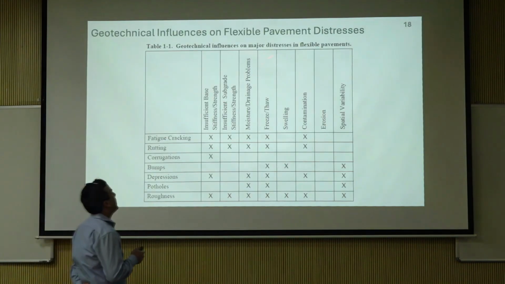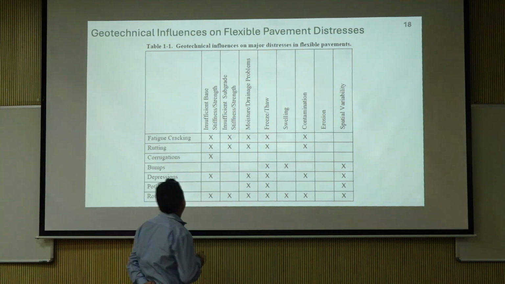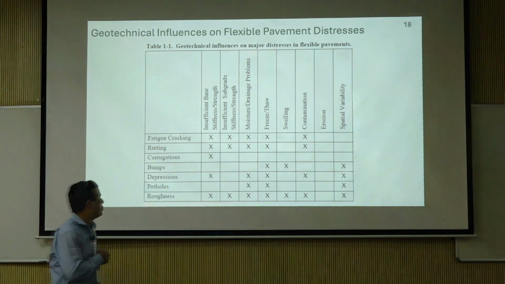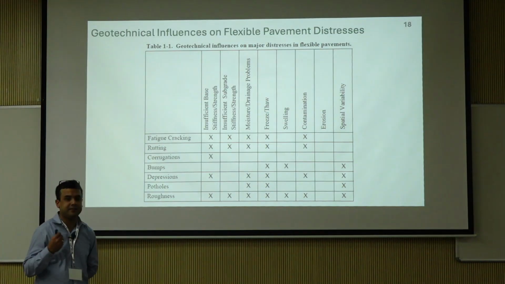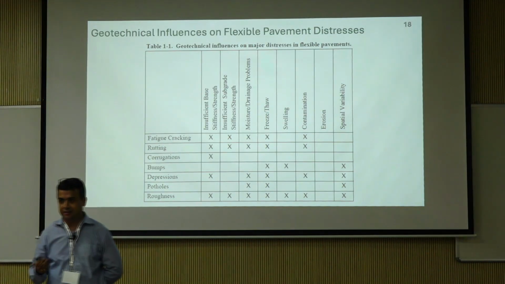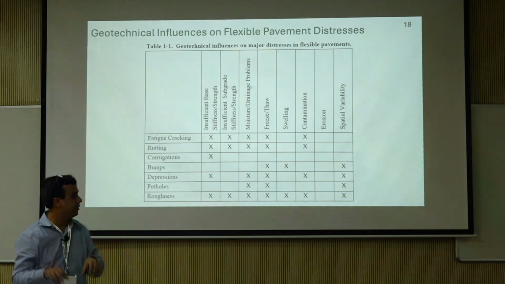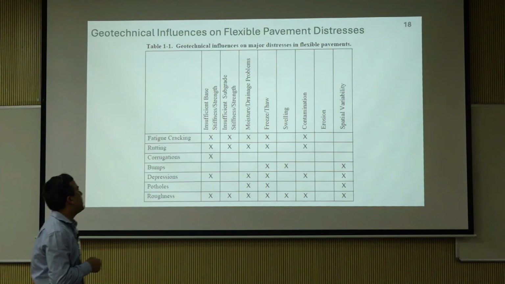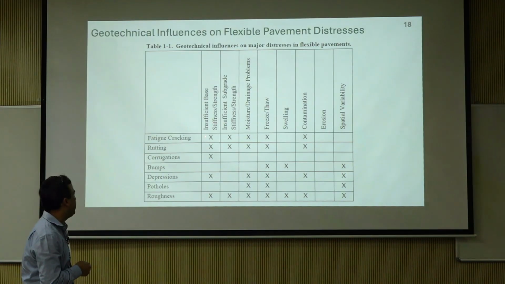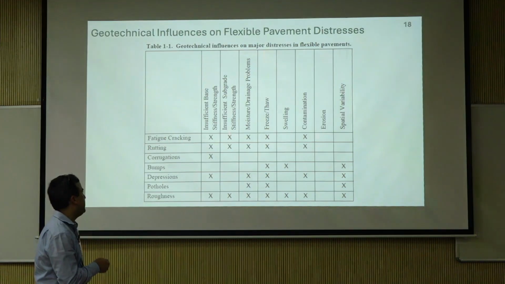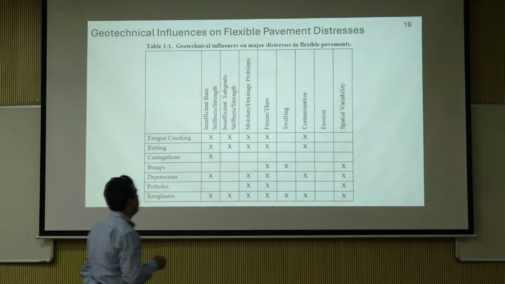Okay, geotechnical influences on flexible pavement distresses. Let's take a look at this. So fatigue cracking, also known as alligator cracking, right? Because the cracks look like alligator skin. Insufficient base stiffness or strength, yes. Insufficient subgrade stiffness or strength, yes. Moisture drainage problems, yes.